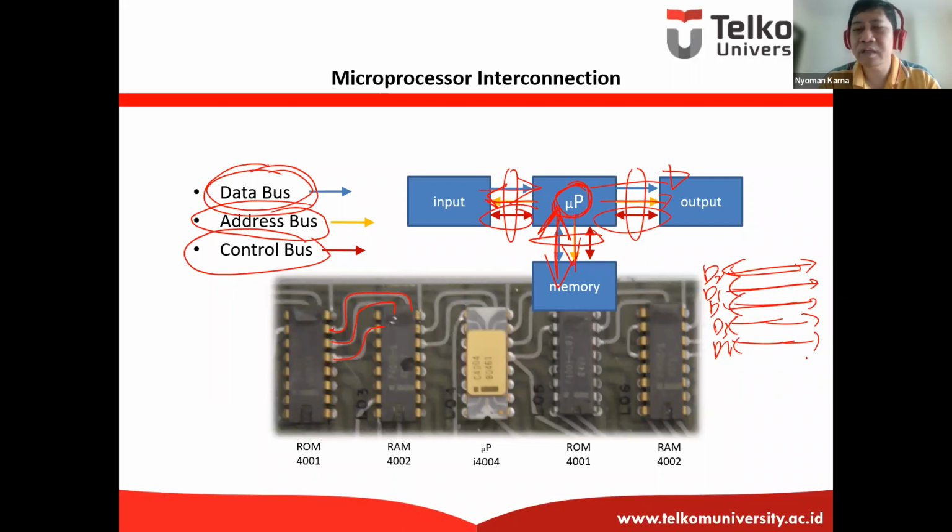But in the control bus, although we explained that it is two-way, it's actually one way. Why? Because there will be one control line for one dedicated function. For example, if I want to read something, only one wire is used. And if I want to write, there's only one wire used.